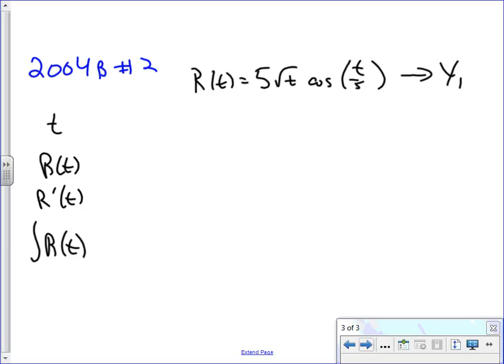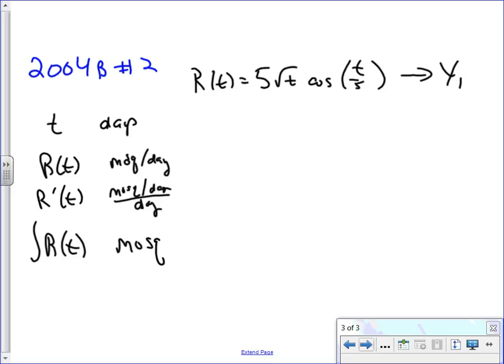So what are the units for T? Units for R and T? Mosquitoes. Today. R prime? Rate of change of the rate. And what would the antiderivative of R be?